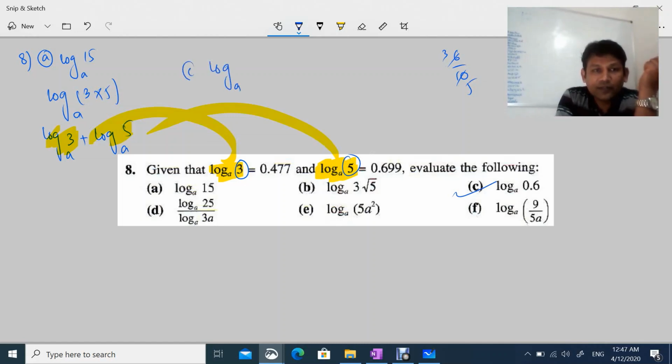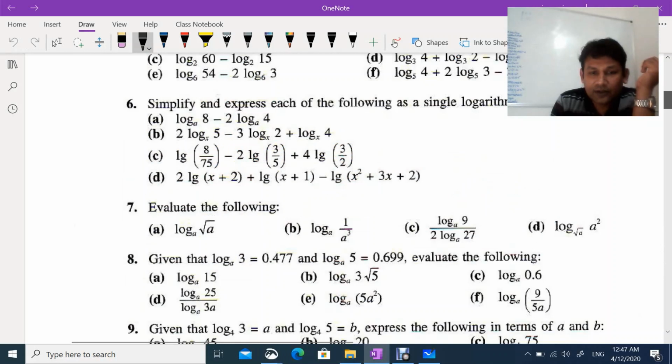I'm doing the C part: 0.6 will become 6 upon 10. 6 upon 10 means you can simplify to 3 upon 5. When you have 3 upon 5, you can write log_a 3 minus log_a 5, and minus means use these values, put them in and get the answer. I think we should move to the next part. I did not find any difficulty in this part.